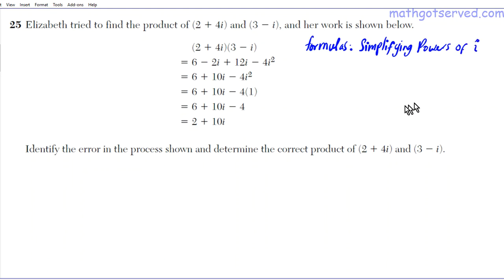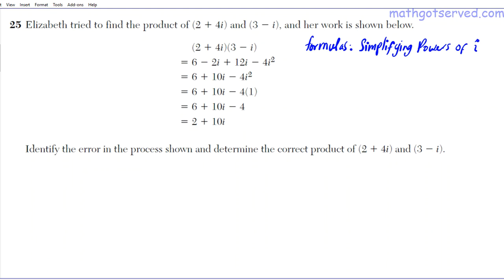Okay, so the rule basically is as follows. If the power of i is greater than 1, it can or should be simplified. Okay, so how do you go ahead to simplify the powers of i that are greater than 1? You can use the following pattern that we're going to generate right now.